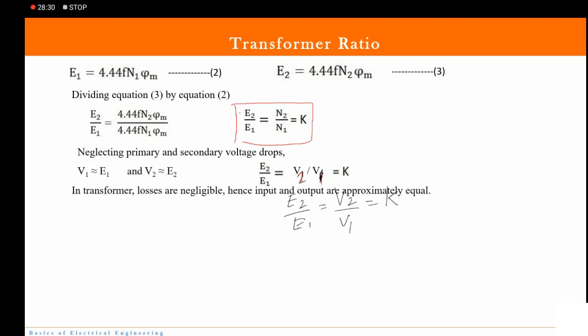Similarly, if I say that the losses are very small, then whatever input is applied, the same is obtained at the output.